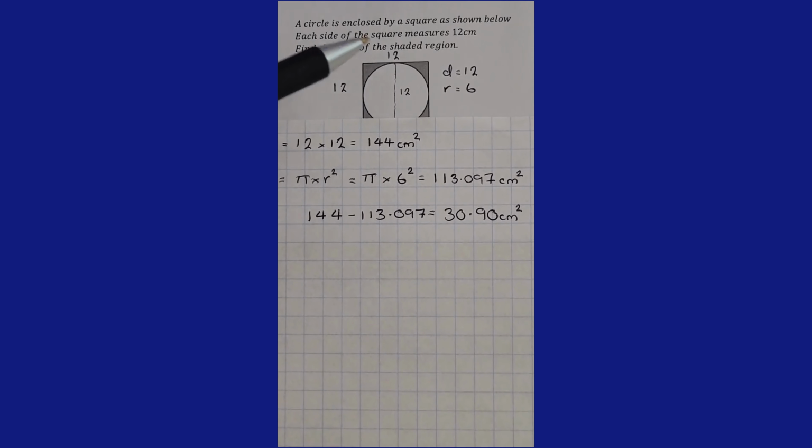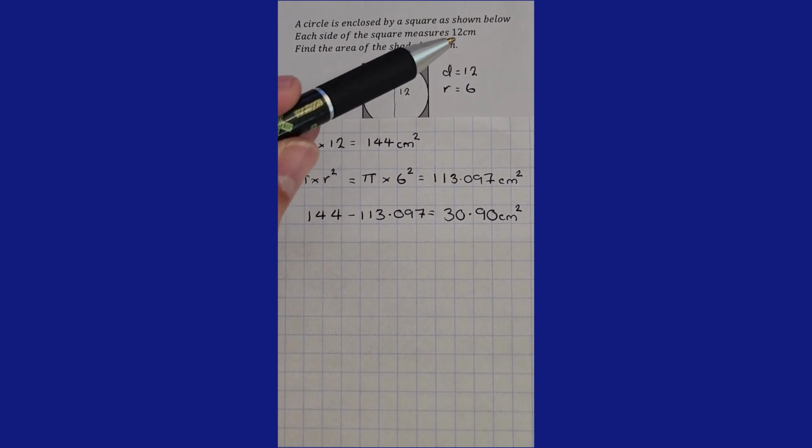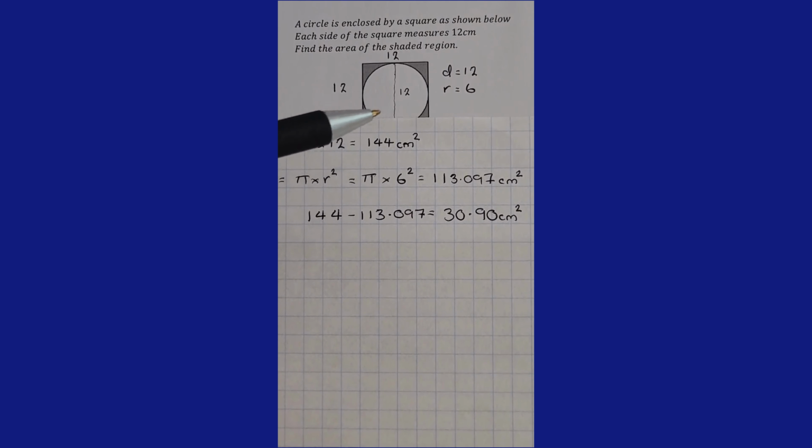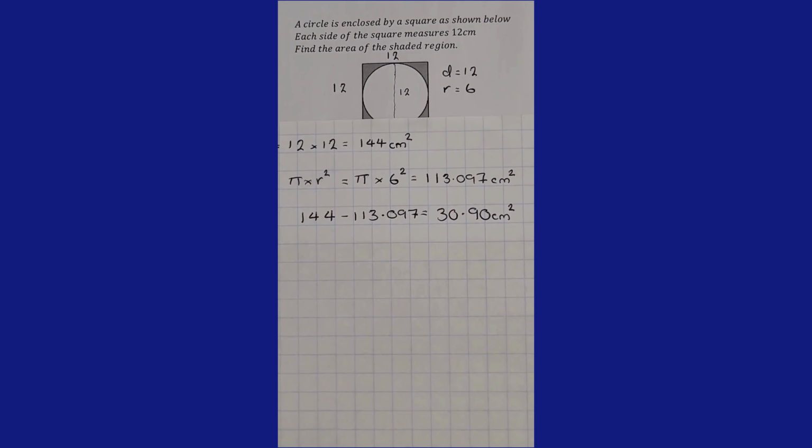So what I've done, found the area of the square, used the information to work out what the radius is, and then taken those away. So at first glance, it looks like a tricky question, but if I break it down, I can see that I've got all the values that I need. So we've got this standard area of a circle, we're working back, and we've got a contextual question there that applies it a little bit more.